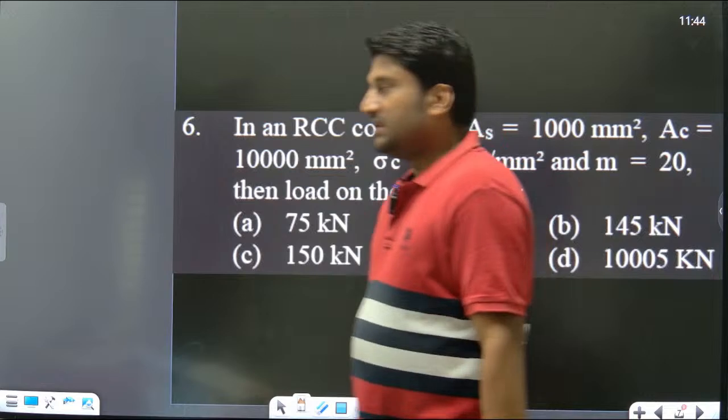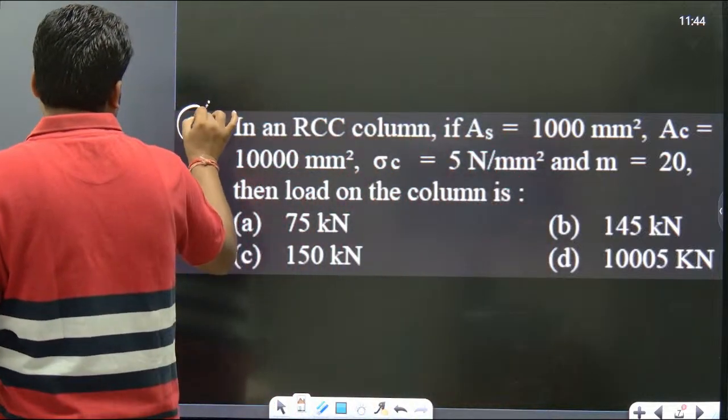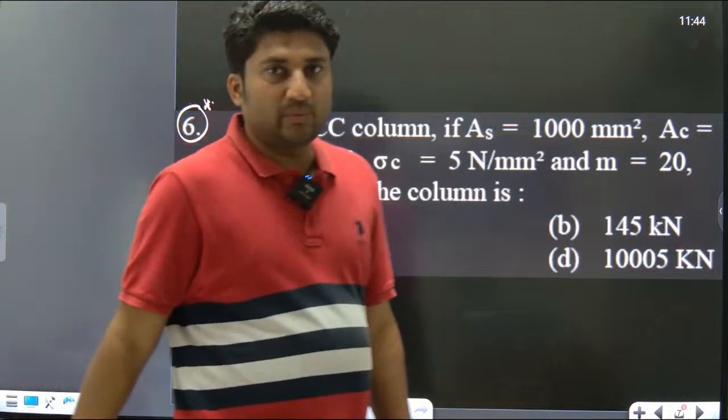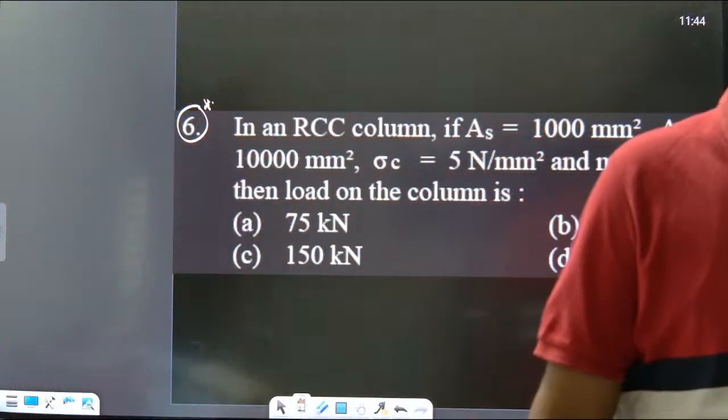Answer this question. This is also a very good question. You need to solve the question without calculator. Please remember, you need to solve the question without calculator.